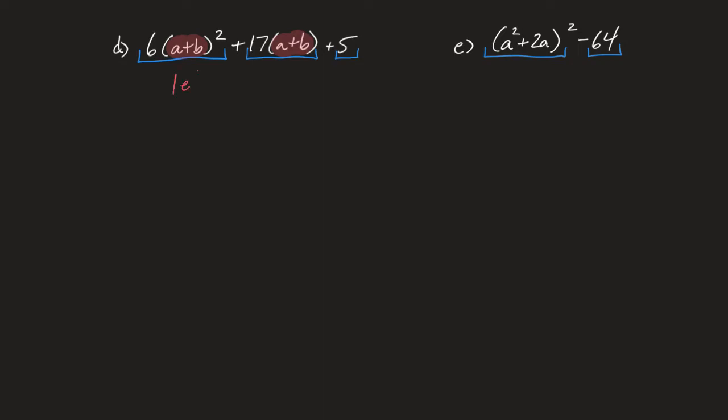So what I could do is let anything else, just not an A or a B, like maybe an X, be equal to that common expression, A plus B. And if I create that let statement, then that allows me to change that expression into 6x squared plus 17x plus 5.